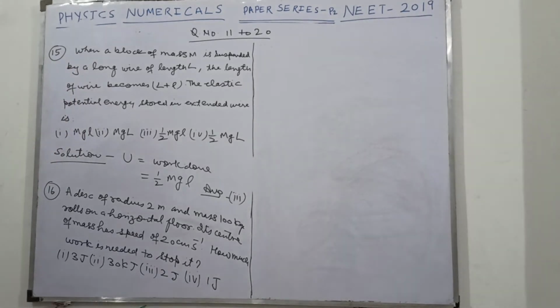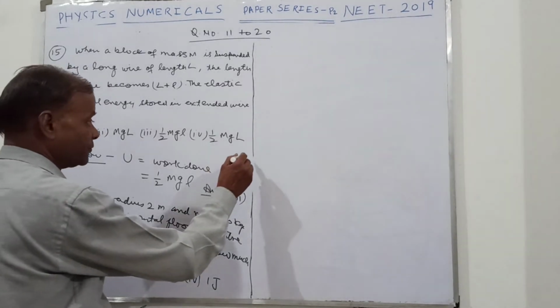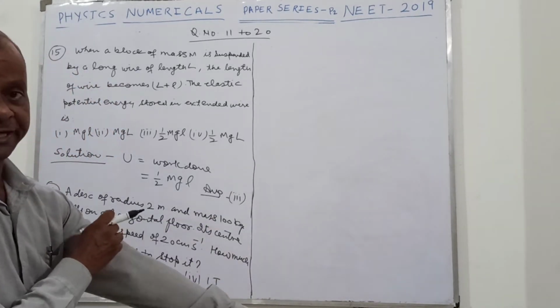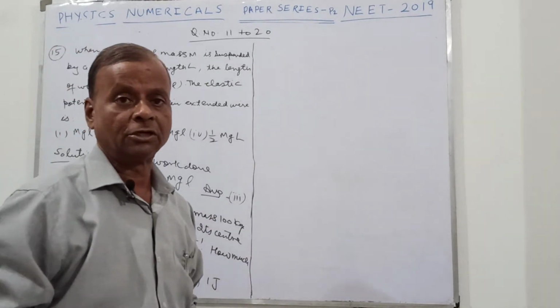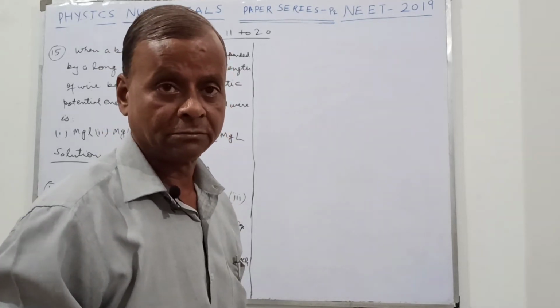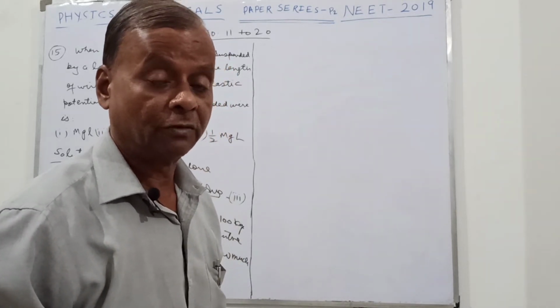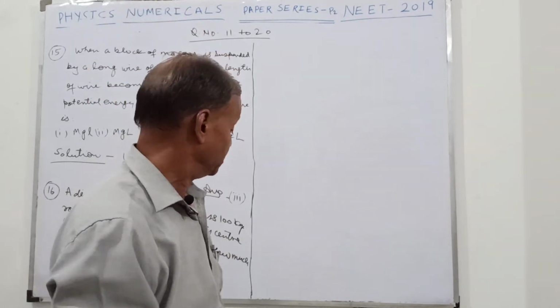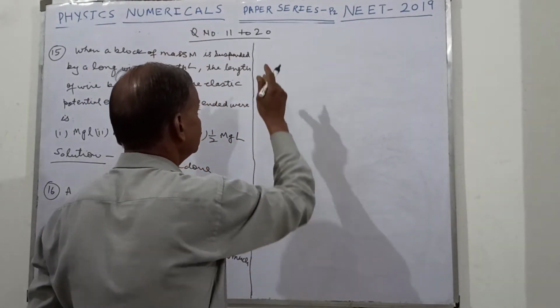Now here we have a disc rolling on a horizontal surface. So it has both kinds of motion, the rotational and translational. So what is the total energy that will be required to stop this moving disc?